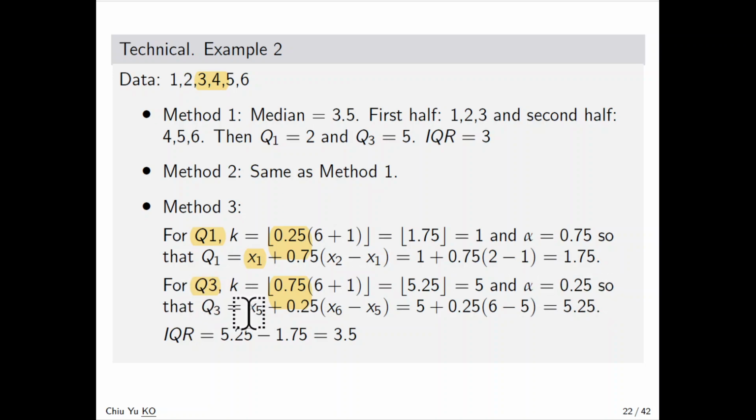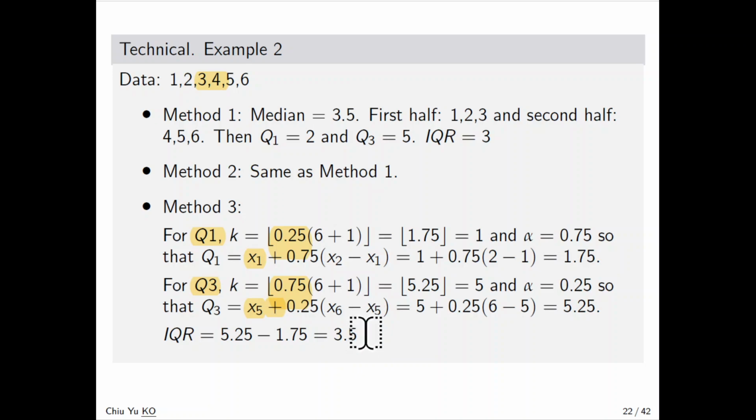So it will be x5, because k is 5, and 0.25 is alpha, times the difference between 5 and 6, which is 1. So it's 5.25. So the IQR will be 5.25 minus 1.75, which is 3.5.